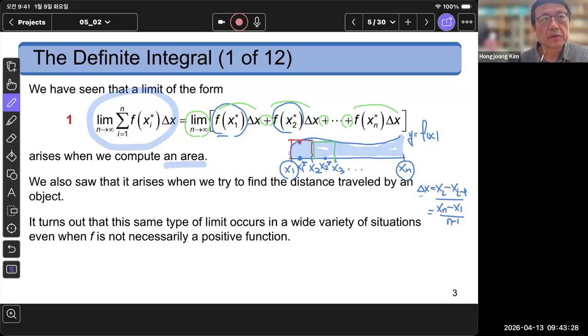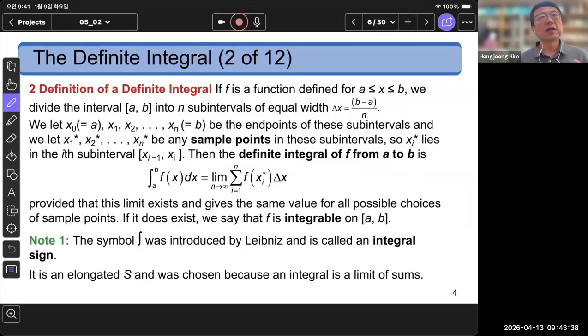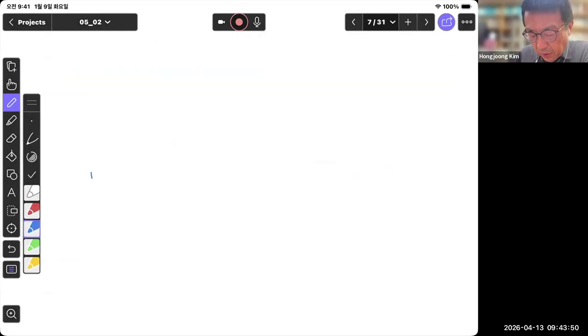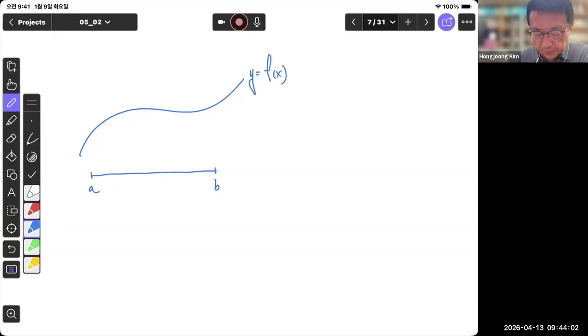Okay. So from this, we want to give a certain meaning to that expression. So here is the definition of the definite integral. Given some interval from a to b, suppose that I have the graph of y equals f of x.